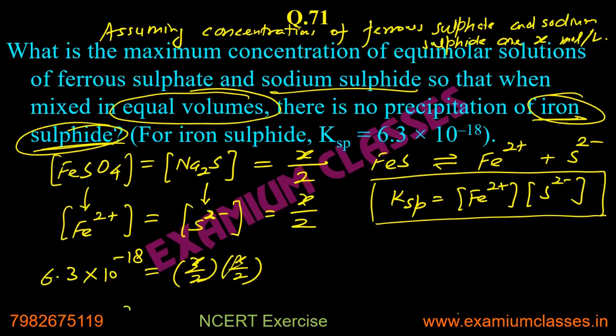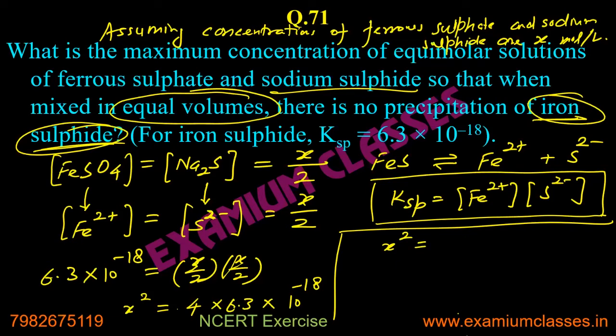That means x square will be equal to 4 into 6.3 into 10 to the power minus 18, that is x square equals 25.2 into 10 to the power minus 18. The square root of 25 will be 5, so approximately x will be 5 into 10 to the power minus 9.